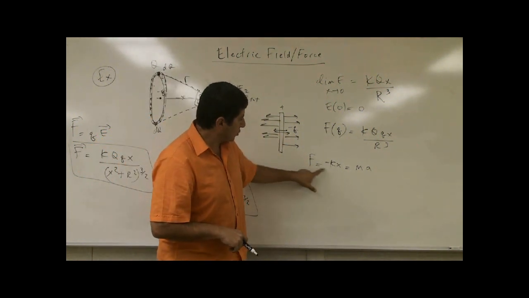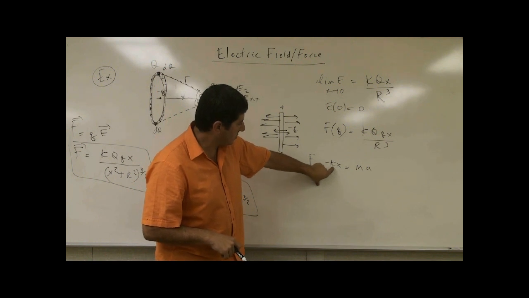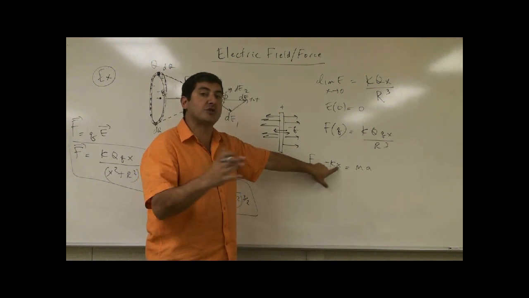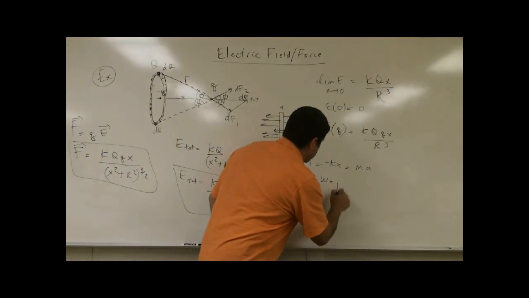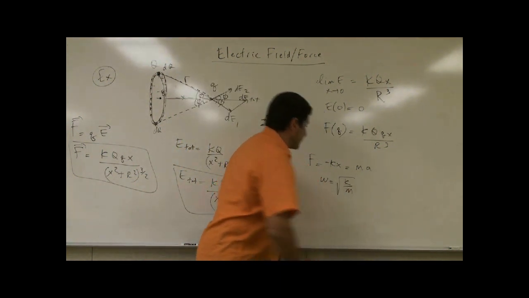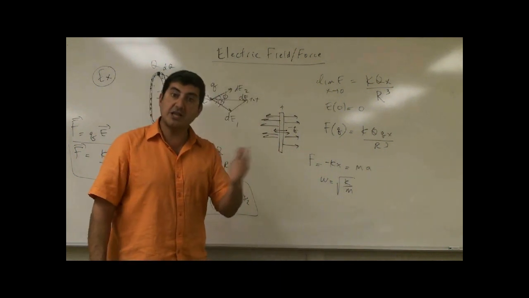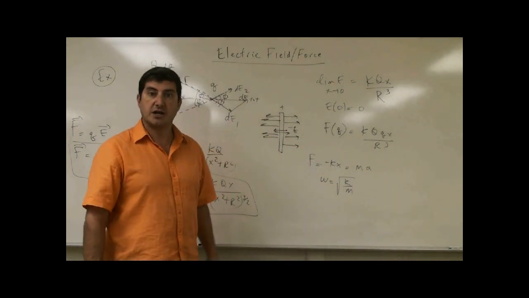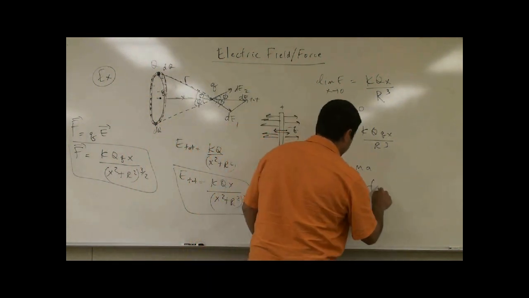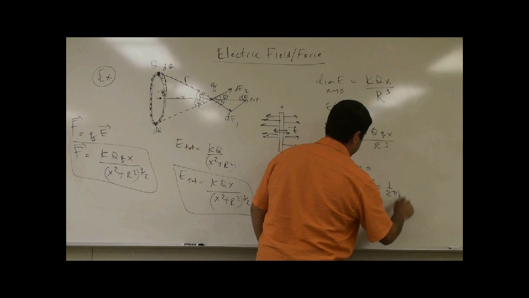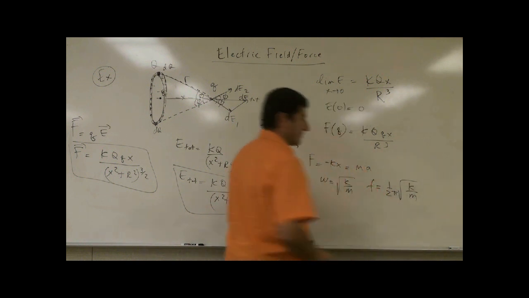Notice that you have Hooke's law, k, and this is linearly proportional to the distance of the stretch of the spring. We found that omega is the square root of k over m, right? So the radial frequency of oscillation of the mass is the square root of the spring constant over the mass, and then the frequency of oscillation is 1 over 2 pi square root of k over m.